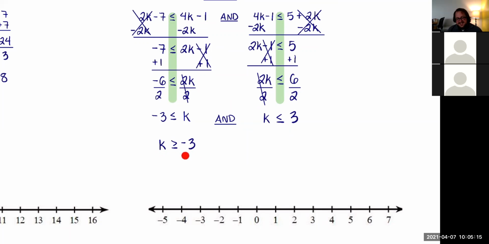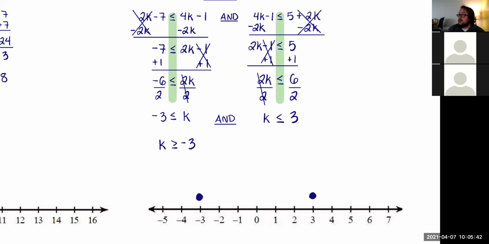So greater than or equal to -3 and less than or equal to +3. What's that going to look like? Closed on both? Okay, so closed circle at -3, as well as the closed circle at +3.